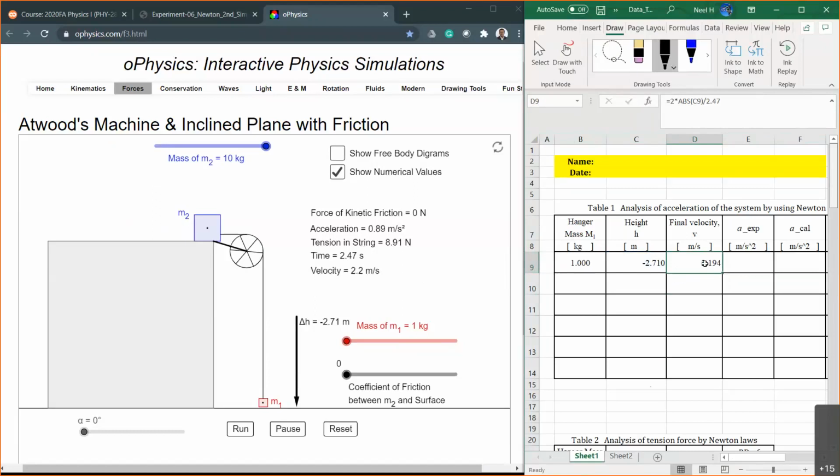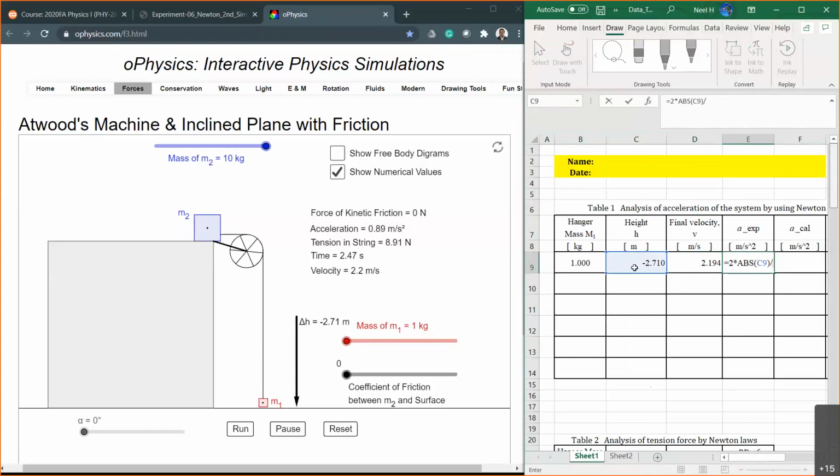So that's exactly how, if you're doing this in class, we're going to do this calculation. H is measurable, time is measurable, but acceleration and the velocity are not directly measurable, okay? That I have to calculate. Let's do the acceleration experiment. Equal sign 2 times ABS parentheses h divided by t to the power 2, right?